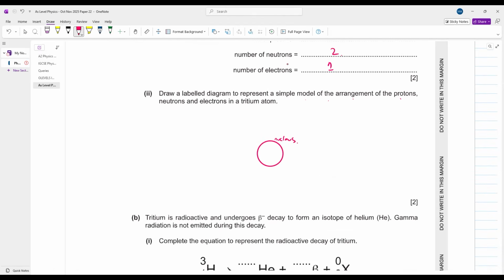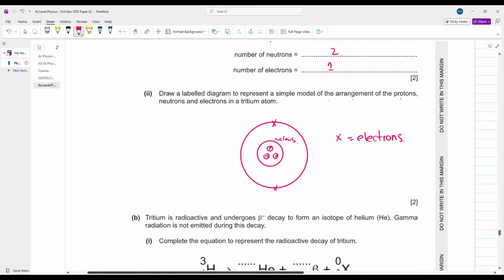So this is your proton, this is your neutron, this is your neutron. And on the outside, you have electrons. One electron, one electron. X is representative of electrons. This is a simple model which you can show to get the 2 on 2 here.